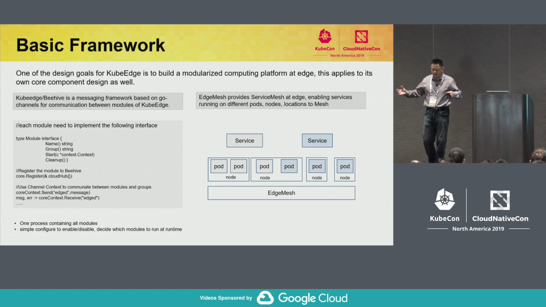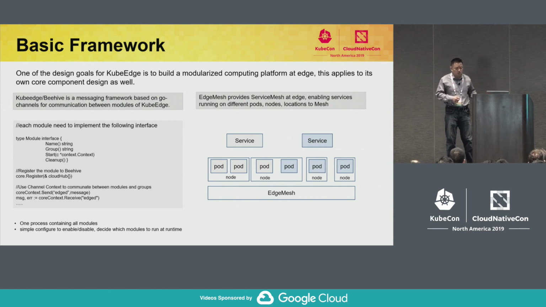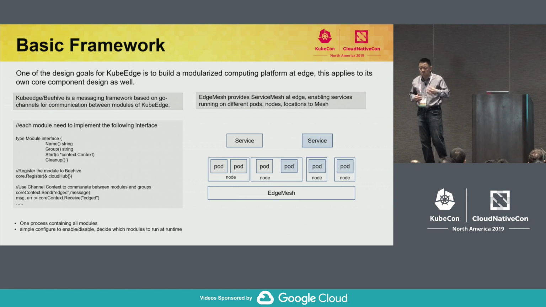Then in some areas, you would have multiple nodes to support a bigger area or a campus or a long road, or all these different scenarios. Then all of a sudden you realize you're in a microservice situation. For that reason, we lift one level up from just containers to services. So I'll be talking about some details of Edge Mesh, which is a module we built for service mesh.